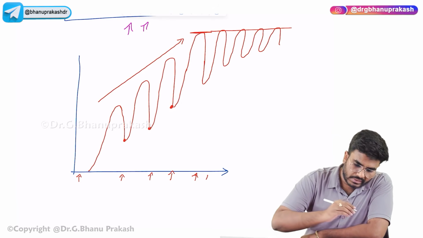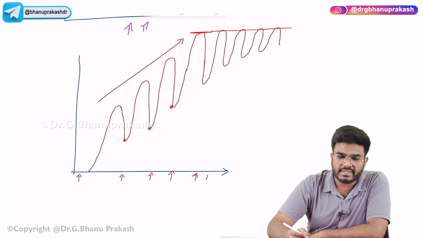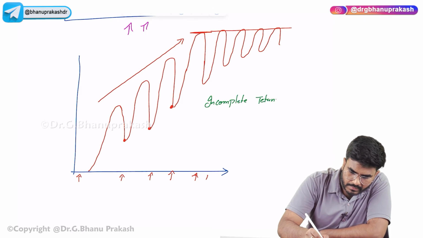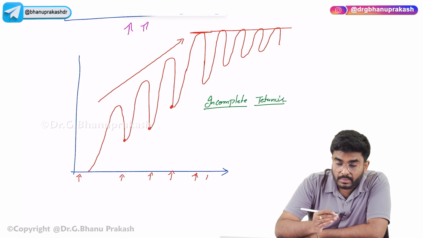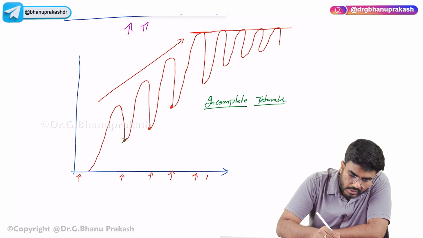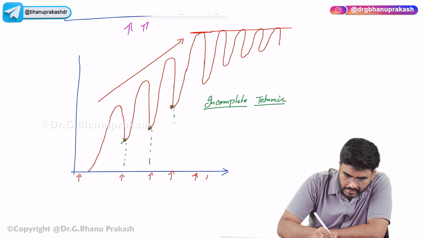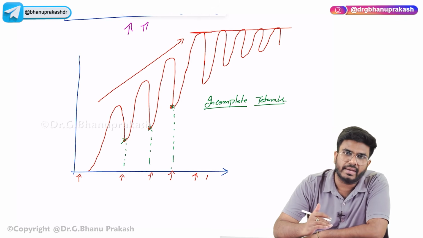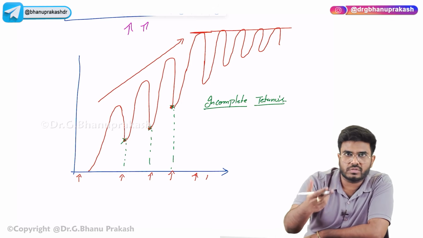Whenever you see such a graph in your exam, this is called incomplete tetanus. But the point which I want you to know is, see here the muscles are not completely relaxed. Even before their relaxation, they are partially relaxed. Even before the relaxation you are stimulating them again, so they are generating more and more force.